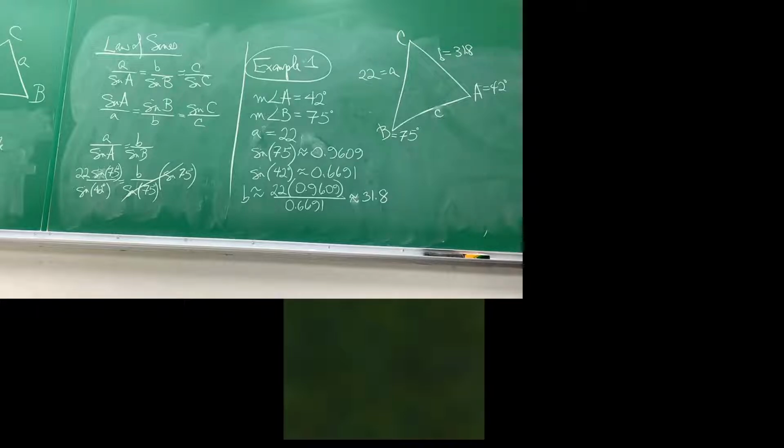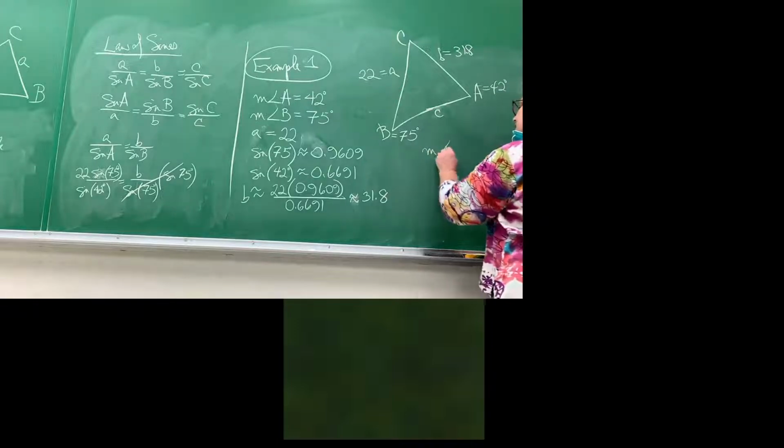Right. We pick an angle and then use the trig functions to see. Okay, let's see. Or you could just pick the angle for C since you already know the other 2 angles. Right, what is the measure of angle C?